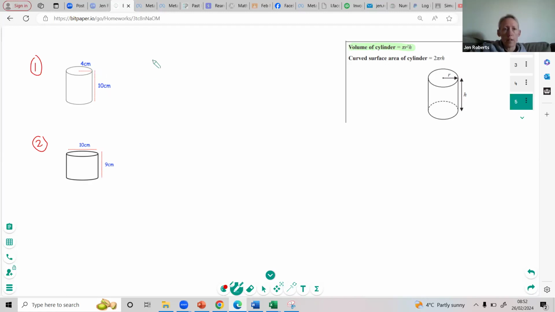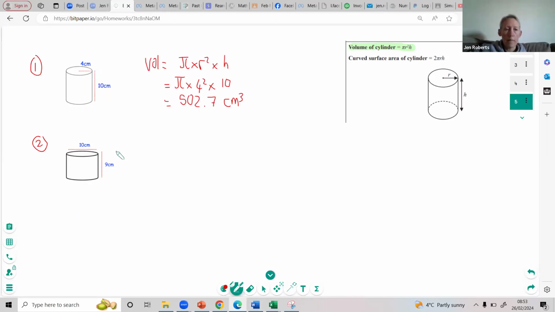Height is 10. I'm just going to write volume equals pi times r squared times h. So we need pi times 4 squared times 10, which gives you, to one decimal place, 502.7 centimetres cubed.